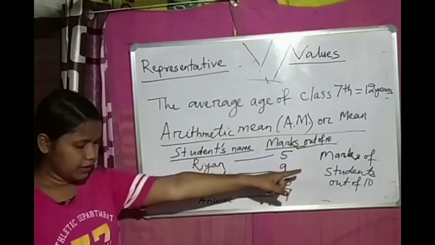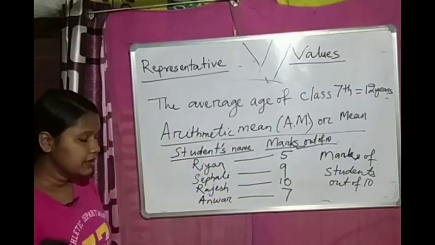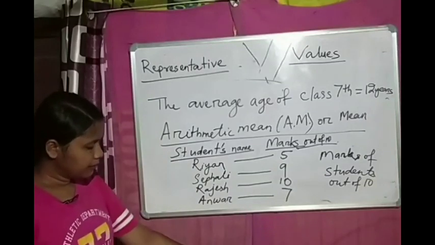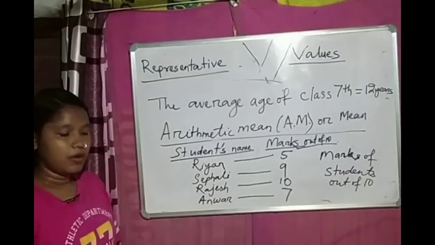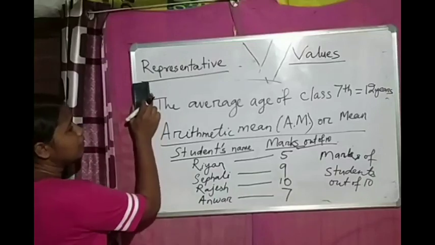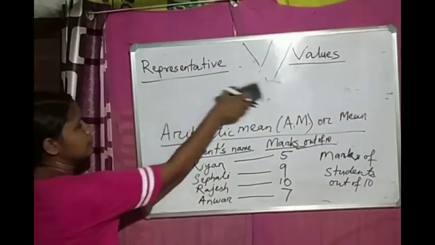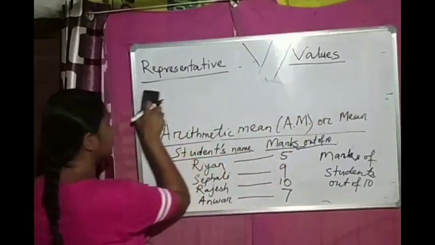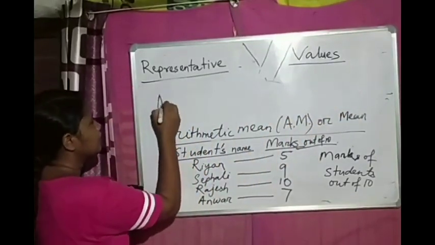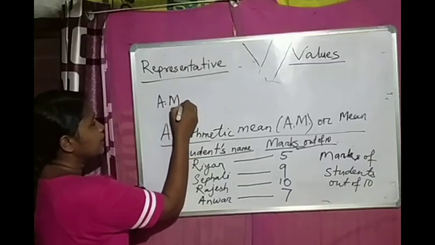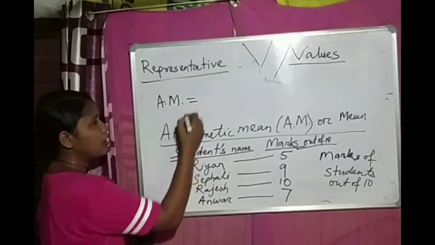Arithmetic mean, or mean, is what? It is the common representative value of a group of data. So there is one formula: arithmetic mean is equal to how much?